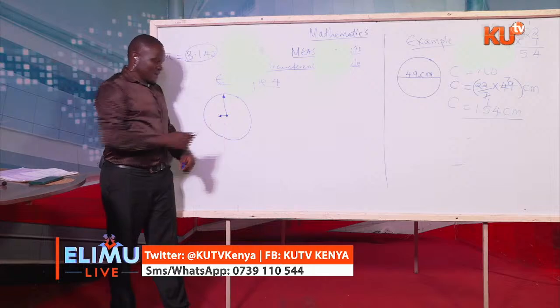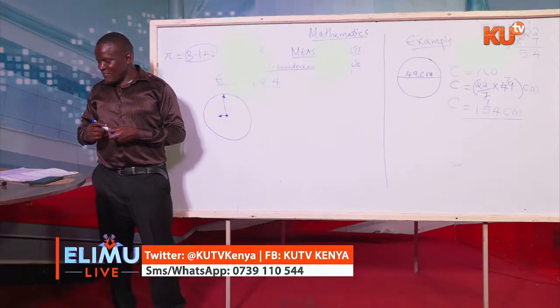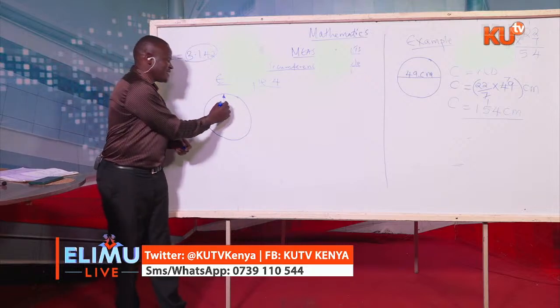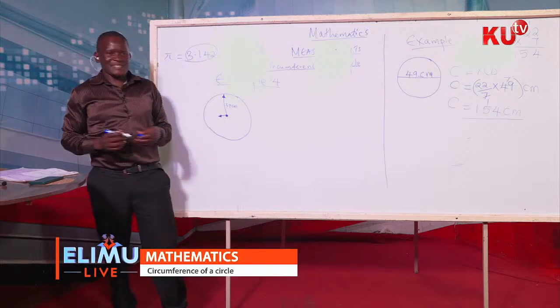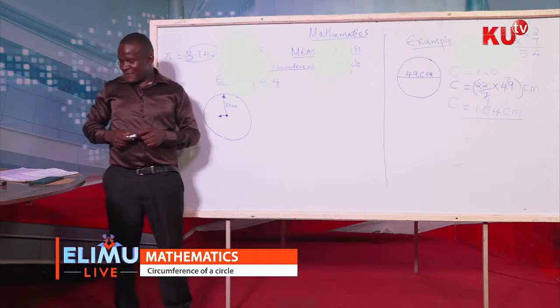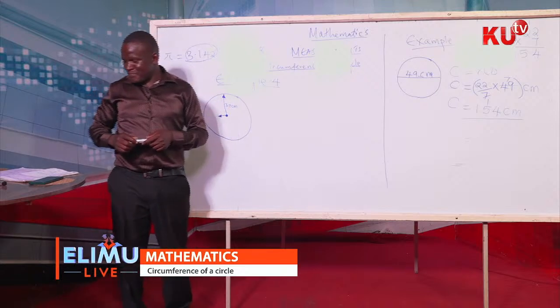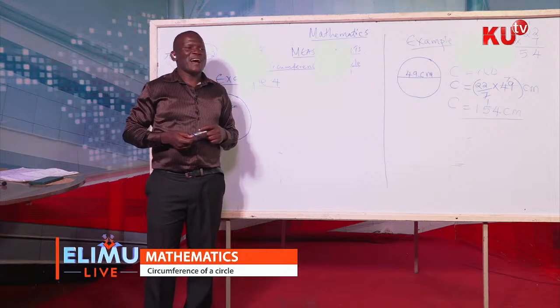So they are saying the length of the minute hand of a wall clock is 7.7 centimeters. Calculate the distance traced by the tip of the minute hand in 1 hour.